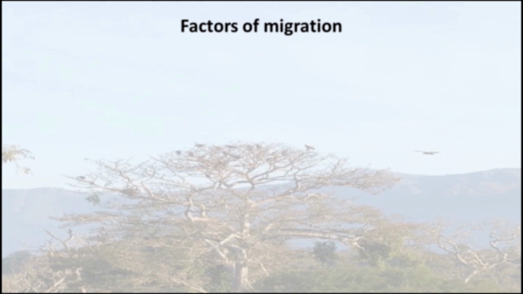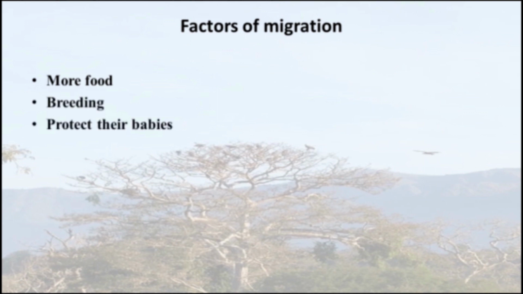Factors for migration: more food, to disperse their own breed to different regions, to protect their babies, to get away from predators, and to avoid disease in warmer or colder climates. Birds migrate to move from areas of low or decreasing resources to areas of high or increasing resources.